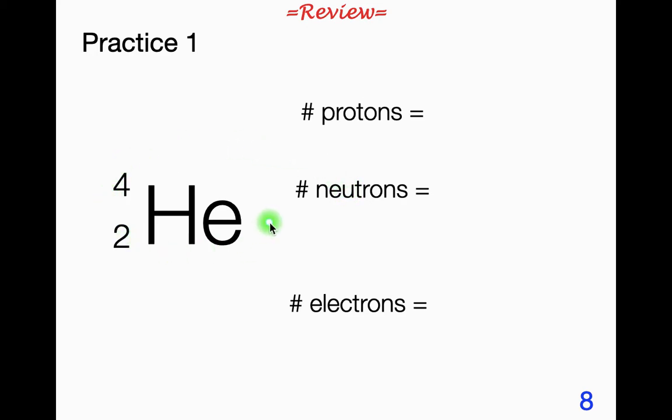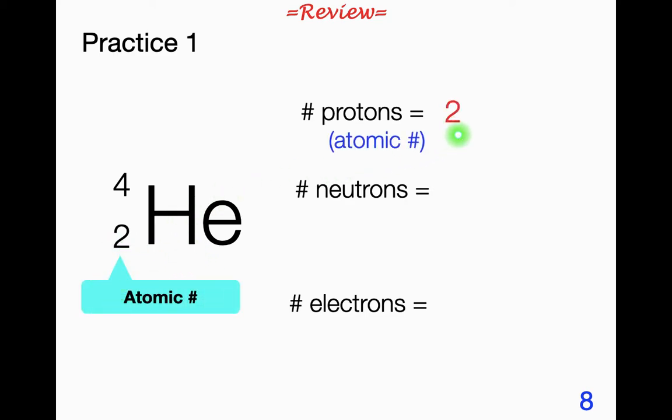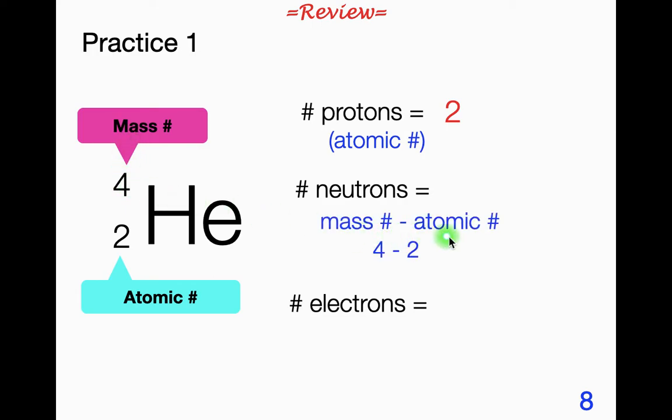All right, let's look at determining the number of protons, neutrons, and electrons given a symbol. So here, 2 is the atomic number, so that's the number of protons. We can read that straight off. The number of neutrons we can determine from the mass number. We take the mass number, subtract the atomic number, and that gives us 2 neutrons.